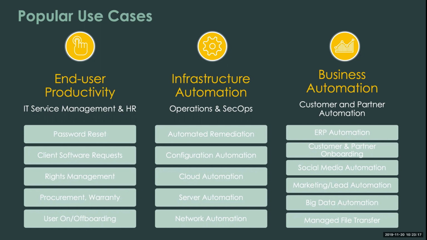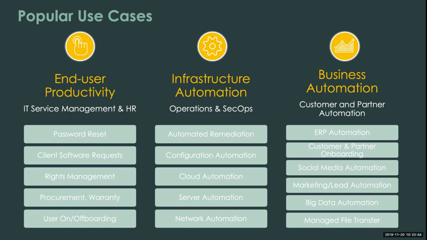Infrastructure automation. This is working with your operations and SecOps teams, right? So automated remediation. Hey, we have a list of patches that need to be deployed on our servers. A lot of our customers create patching workflows through ServiceNow because they're already managing the workflow behind it anyway. This is adding automation to that patching workflow.